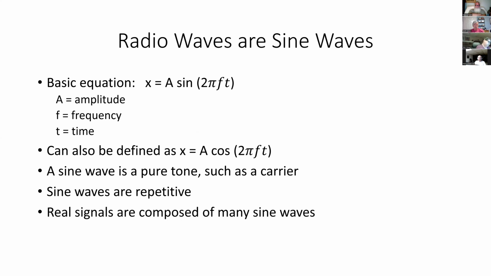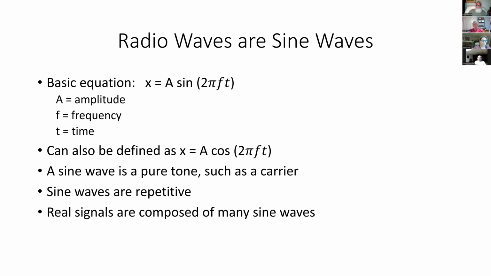You can also define it as a cosine. And a sine wave is a pure tone. If you want to think of a sine wave, if you have a hearing test, those tones you hear, which don't have very much character at all, are sine waves because they contain only one frequency.